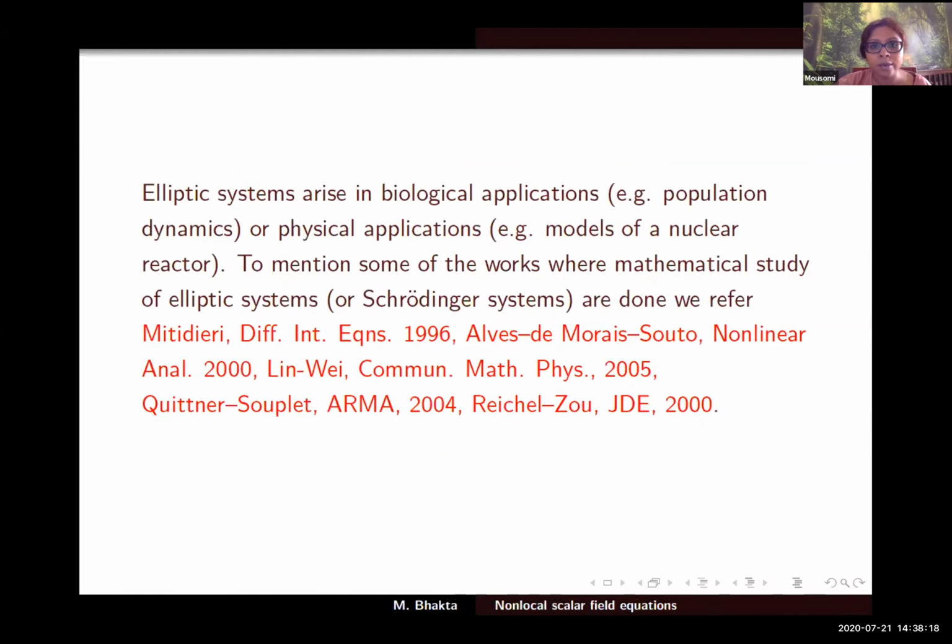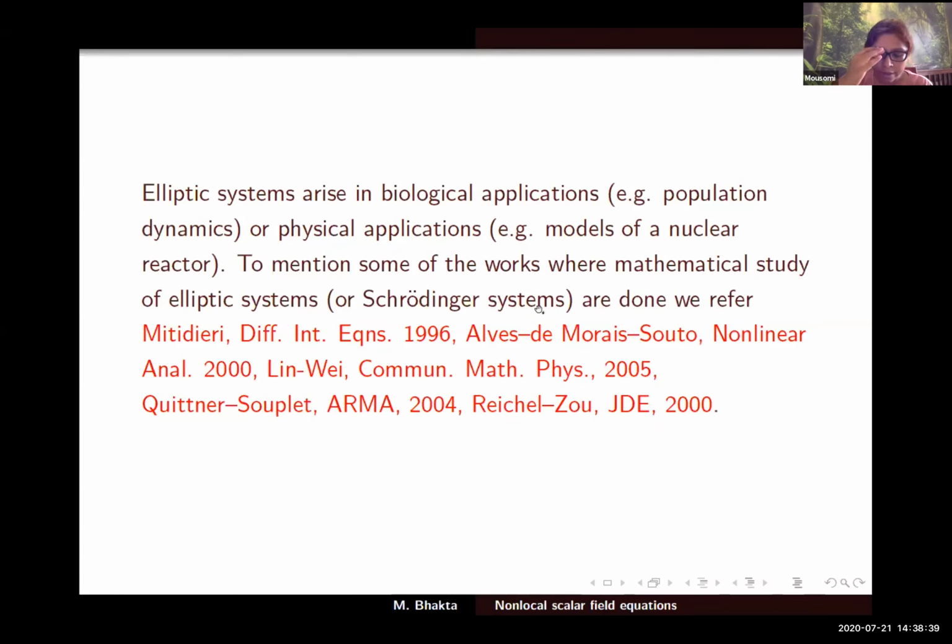And the question is where this system of equations arises. For example, the scalar field system of equations, or Schrodinger system of equations: where does it arise, or what are the applications?